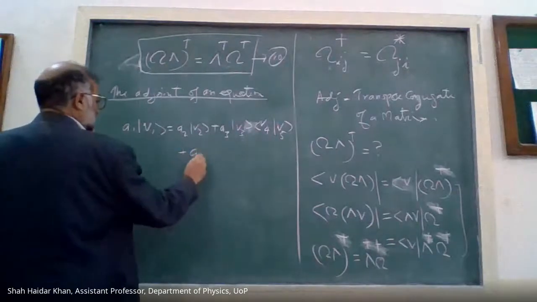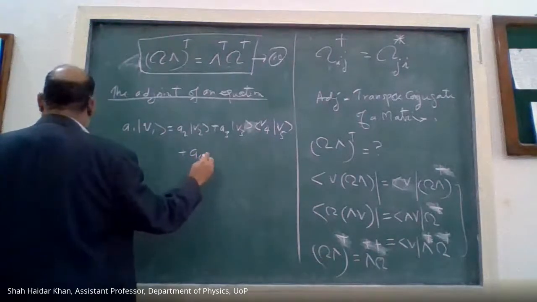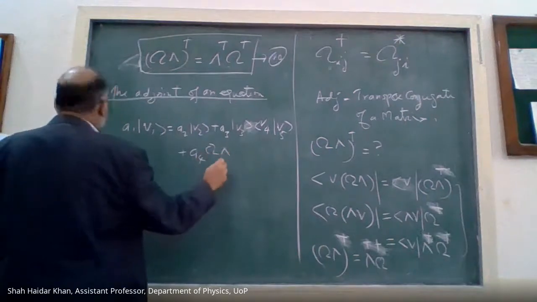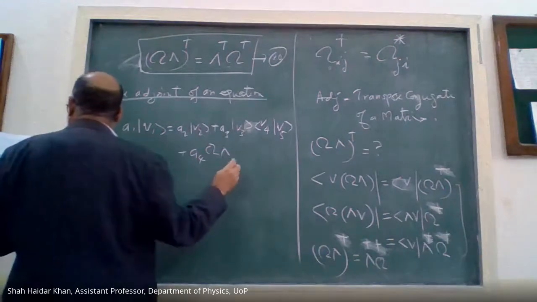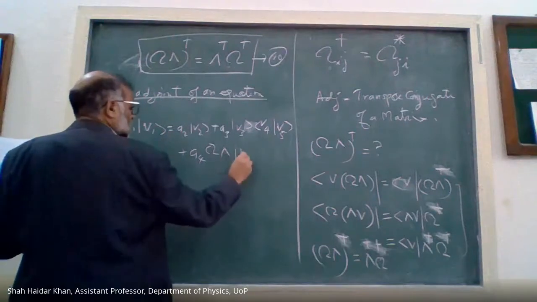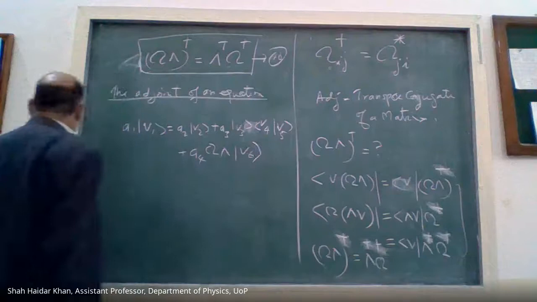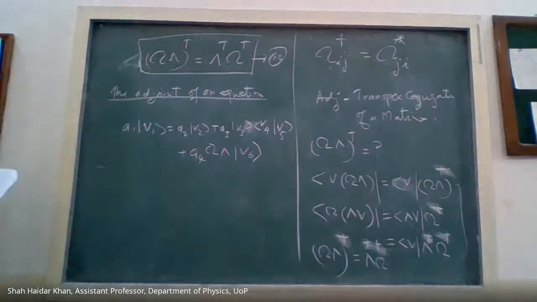Plus A4 M2, omega and lambda, and V6, right? So what can we do?